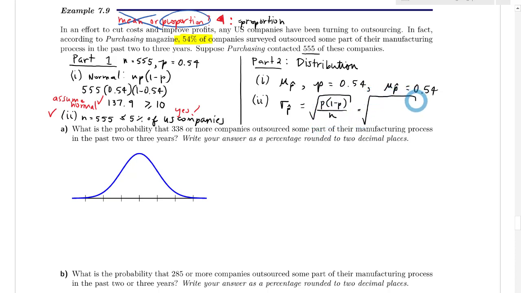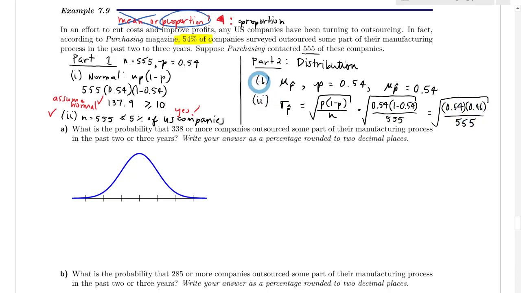So if I do that, I would have 0.54 times 1 minus 0.54 all over 555. And you could simplify this a little, especially because if we put it in the calculator exactly, I know that this is 0.54 times 0.46 over 555. So I just do this little subtraction and kind of make that product in the numerator a little more simple.